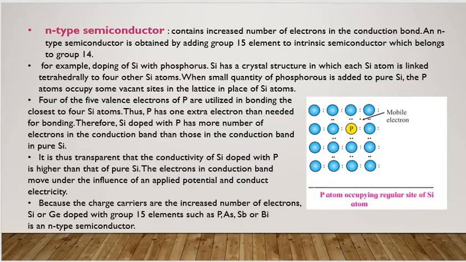It is thus evident that the conductivity of silicon doped with phosphorus is higher than that of pure silicon. The electrons in the conduction band move under the influence of applied potential and conduct electricity. Because the charge carriers are increased by the number of electrons, silicon or germanium doped by 15th group elements like phosphorus, arsenic, antimony are N-type semiconductors.